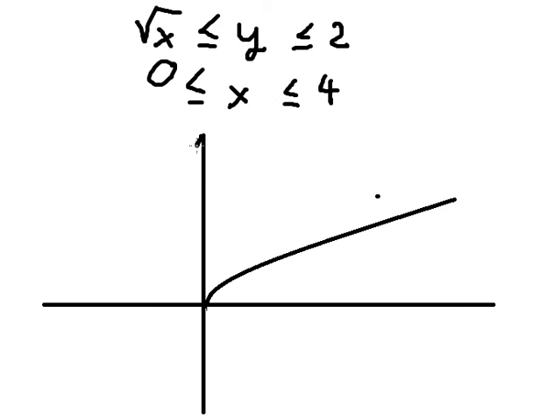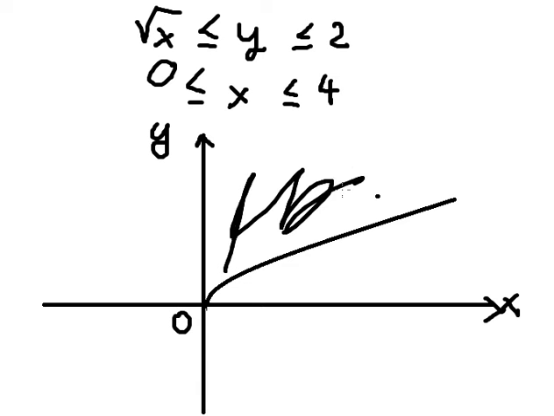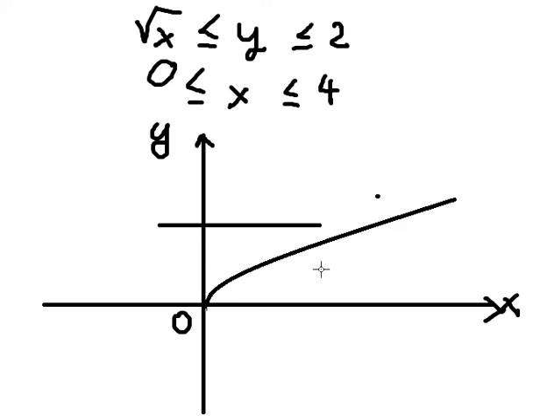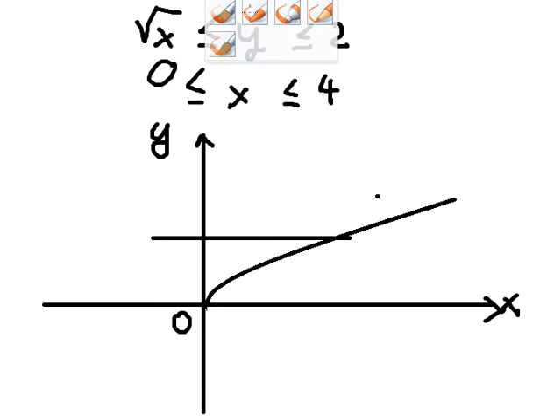Now, we know that y is greater than or equals to the square root of x. So that should be about this area in here. And smaller than or equals to number 2. So here is about number 2 in here. And we know that x is greater than or equals to number 0.